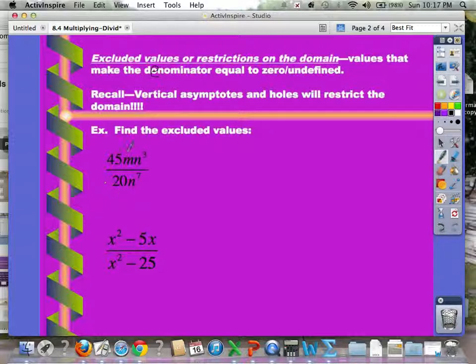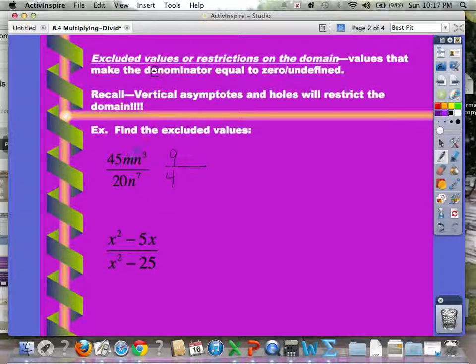So 45 divided by 20, if you simplify that, that will become 9 over 4.